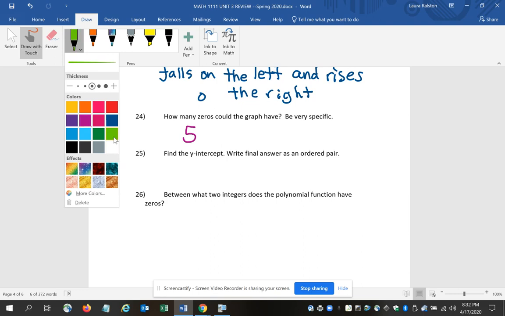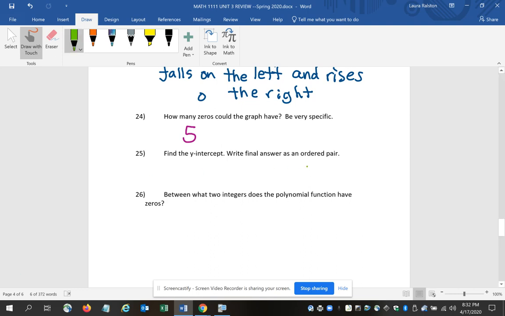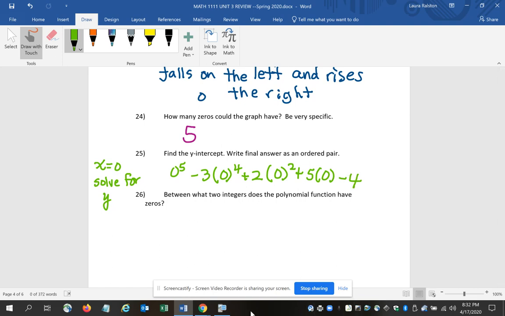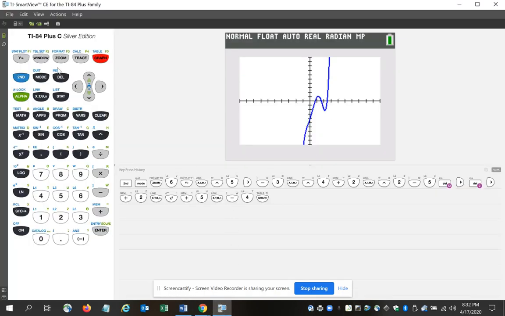All right, then 25 asks you to find the y-intercept. Well, guys, remember to find the y-intercept for any function, we let x equal 0 and we solve for y. So I would have 0 to the 5th minus 3 times 0 to the 4th plus 2 times 0 squared plus 5 times 0 minus 4. Again, please take the time to put it in the calculator, okay?